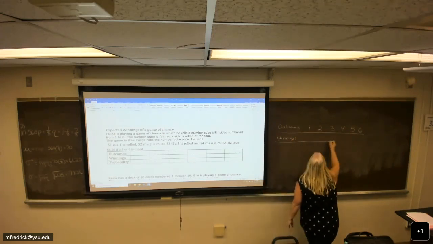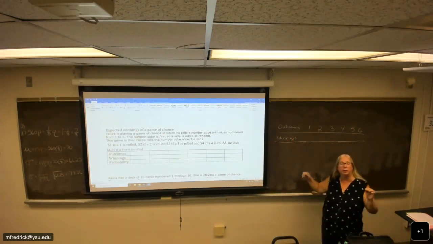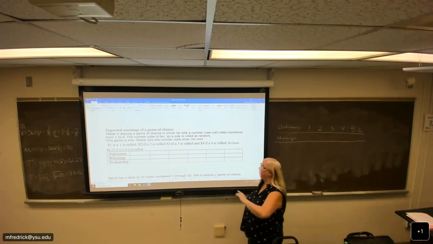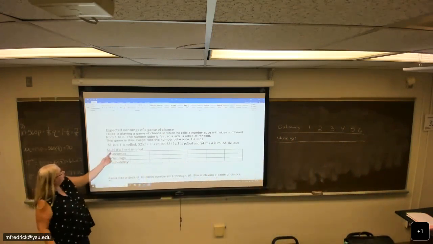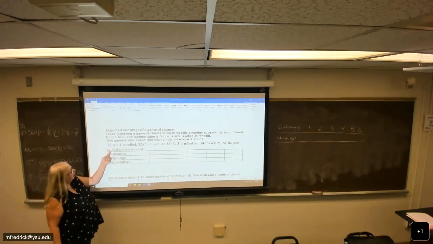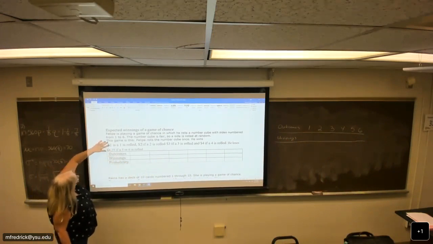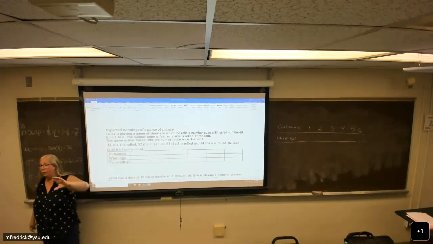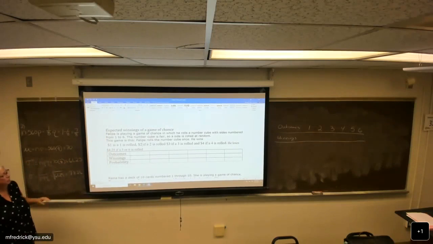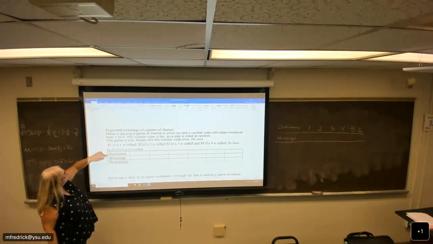Now, most of the problems I found on Alex already subtracted what it cost to play. You lose $4.25, so that's probably what it costs to play. So if you're winning $1, you actually won $5.25. They subtracted it out already. We'll do one where you have to subtract it.